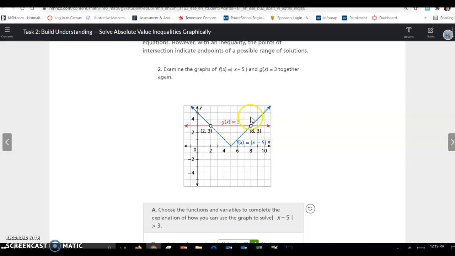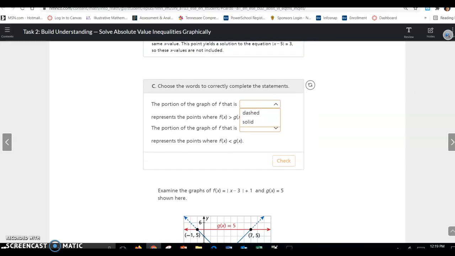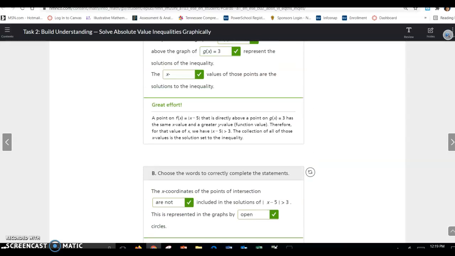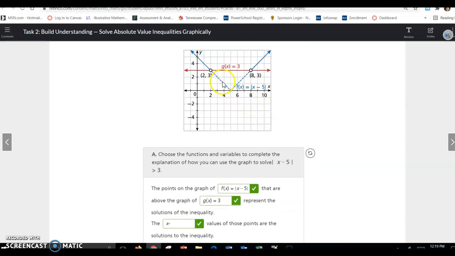So f of x is greater than g of x when it is a solid line. The portion of the graph that is dashed represents f of x less than g of x. And again, you can see the dashed line here is below, so that is less than g of x. Above is greater than, below is less than.